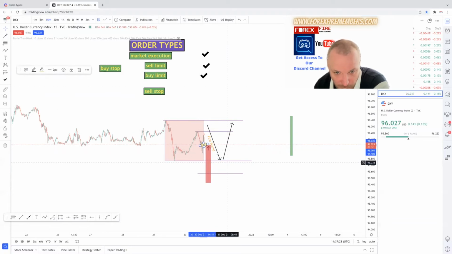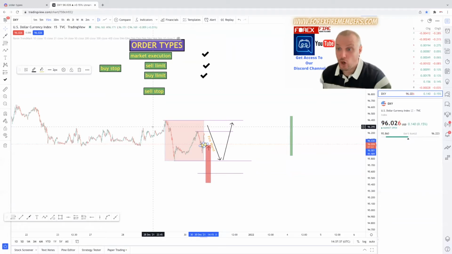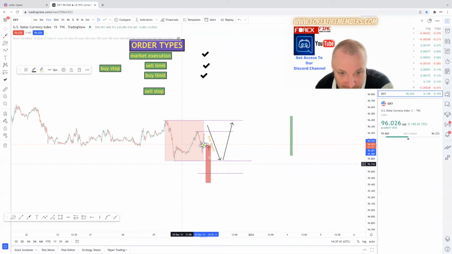A sell stop is when price crashes through an area where we're anticipating it to continue on its trend, if that makes sense. So let's say this is a liquidity area. Price is here. We are anticipating price to continue down from this area.